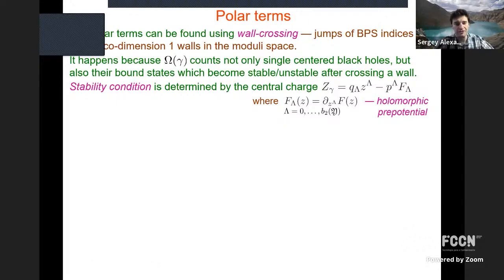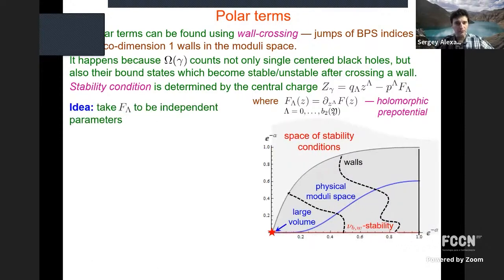But here mathematicians come to rescue us, because what they suggested is to do the following. Let's just drop the condition that the f lambdas are fixed functions of the Kähler moduli, and let's consider them to be just independent parameters. So you enlarge your space of stability conditions. It becomes non-physical, but that's fine. Mathematically, it's well defined.